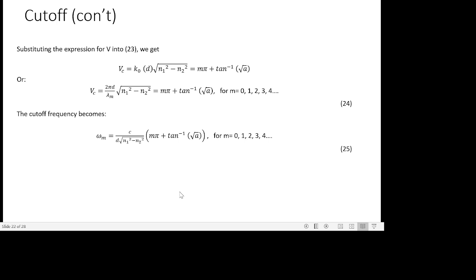Now the thing is, if we decrease the core thickness, then what is going to happen for the cutoff? So first of all, we need to know the first cutoff condition.